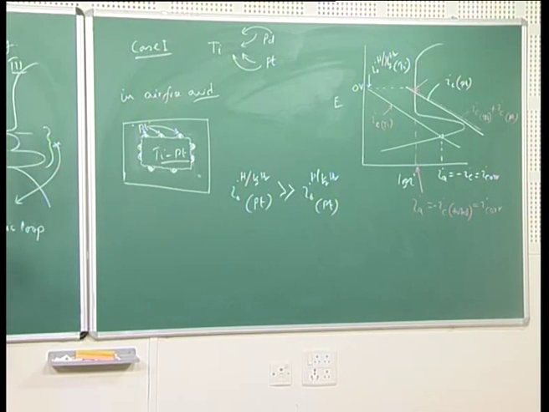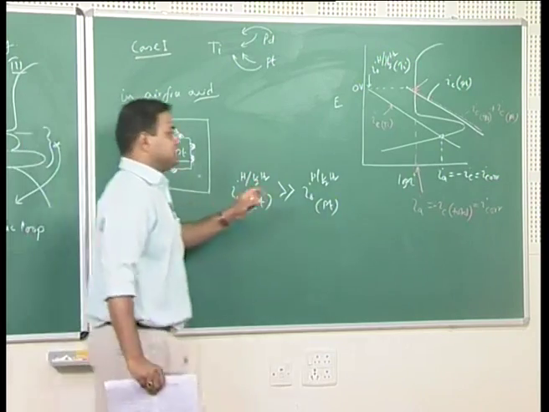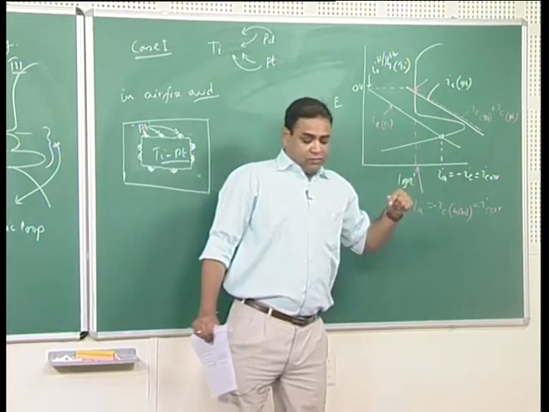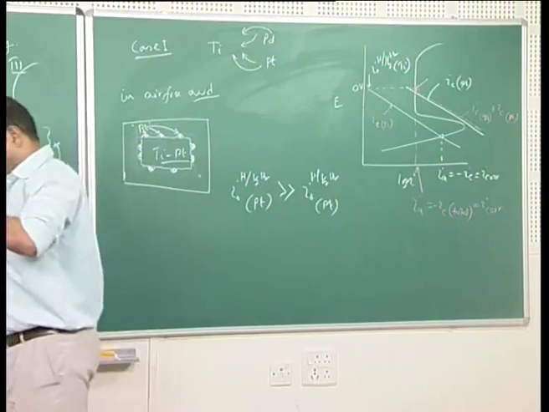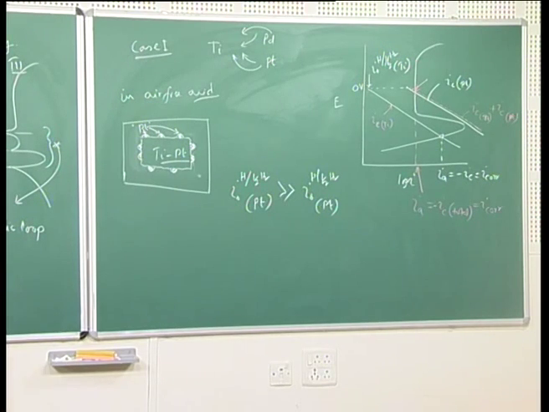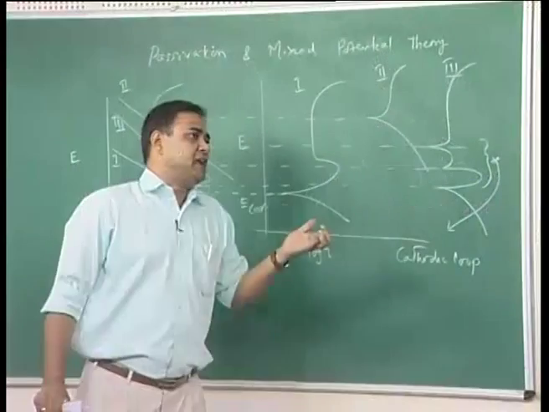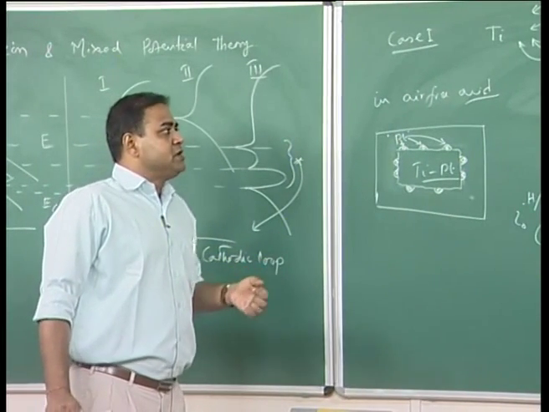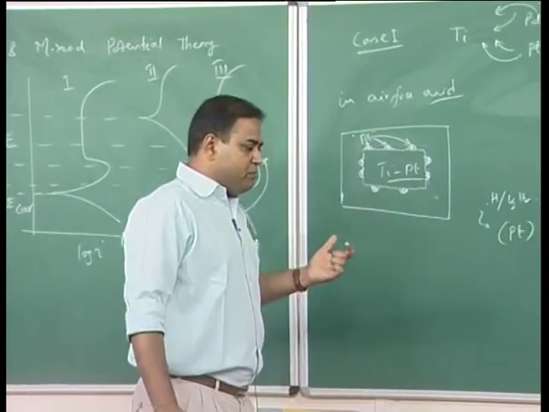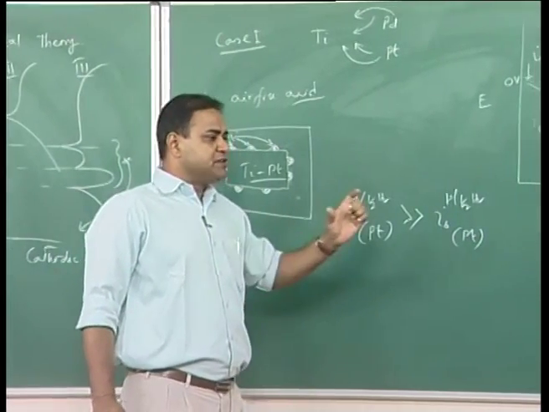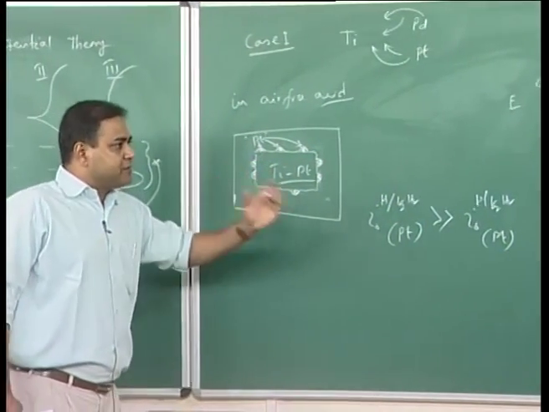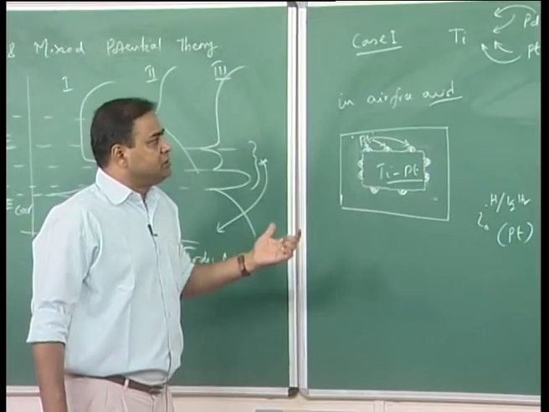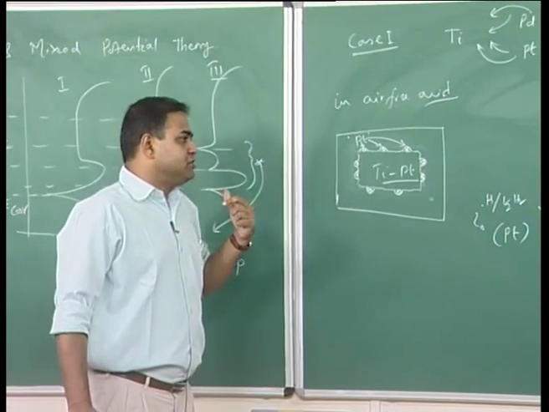This is one example, and here we are using the mixed potential theory because we are following its two postulates. One is that there could be n number of cathodic or anodic reactions, and at the same time there should be equilibrium, or equal rates, for electron consumption and electron generation.